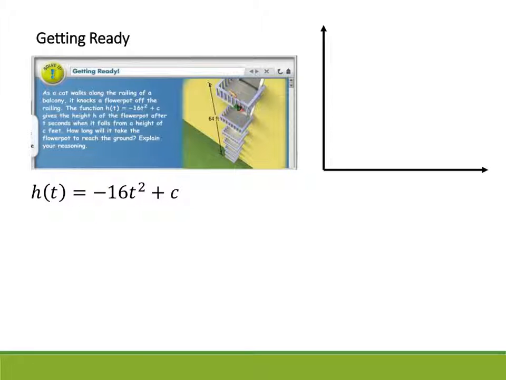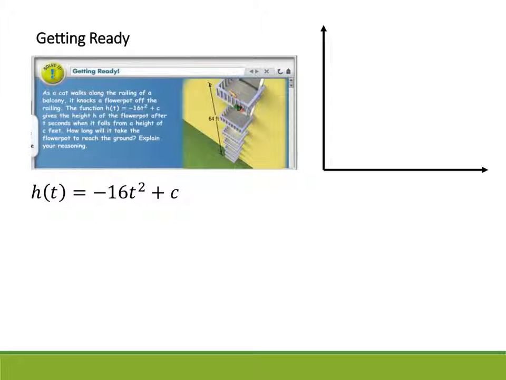Explain your reasoning. Now, what we're going to do is model the situation as a graph. So the cat is walking along the railing, and it's going to knock the flower pot off, and the flower pot will start to fall. The distance that the flower pot must fall before it reaches the ground is 64.